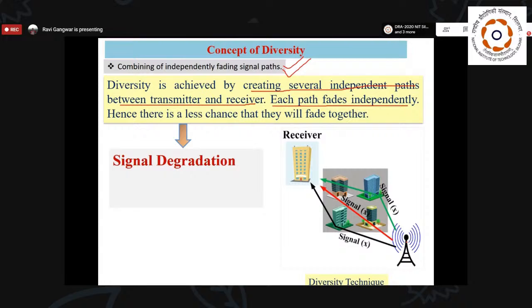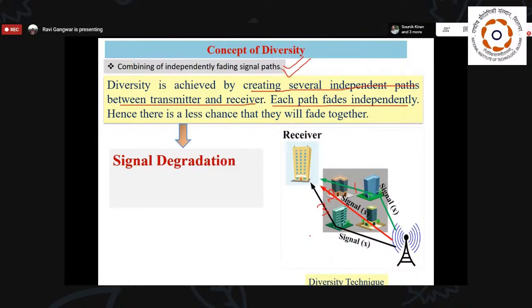The signal is transmitted from the transmitter side and has three different paths, 1, 2, and 3, and each path travels differently. So each path goes through different environmental conditions, and due to that they are exposed to different kinds of fading, different amounts of fading, and noise.